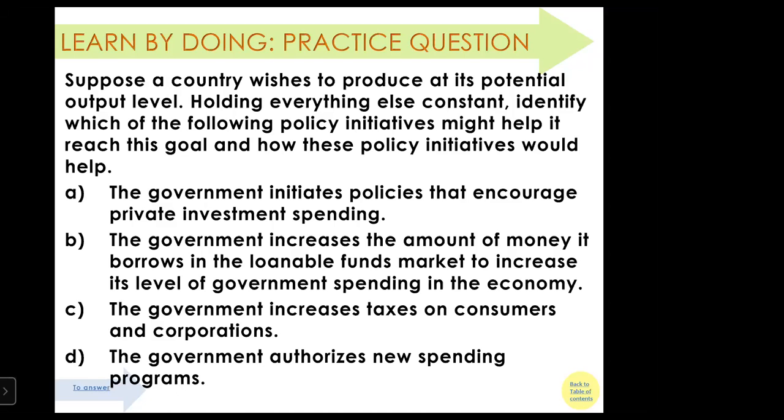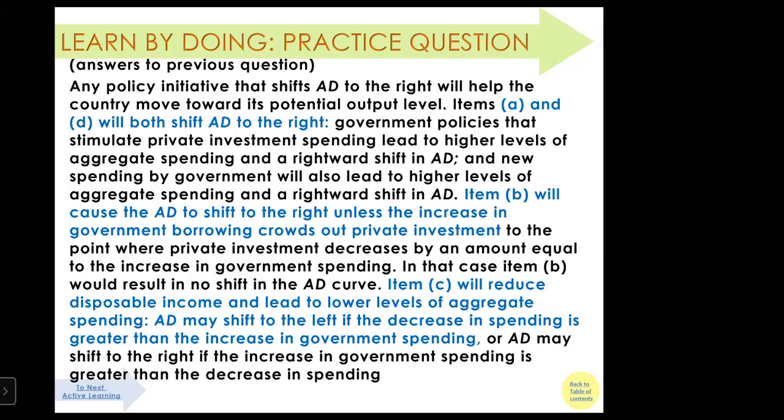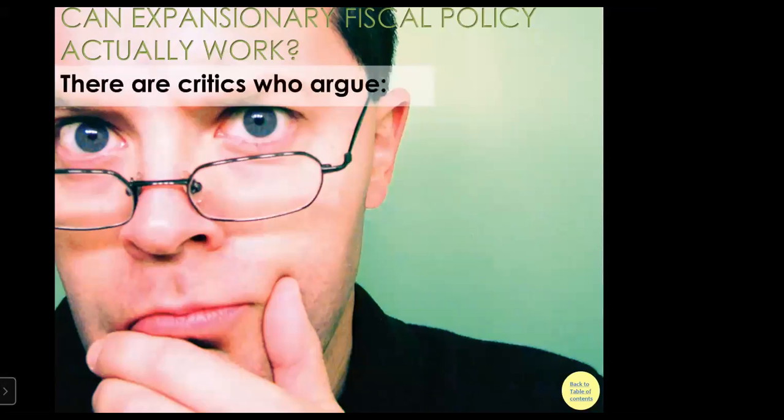Yes, that's going to help the aggregate demand, because that's going to have a direct effect on aggregate demand. The answer is in the next slides, so you can read this yourself. Now we are going to go to the next slides.